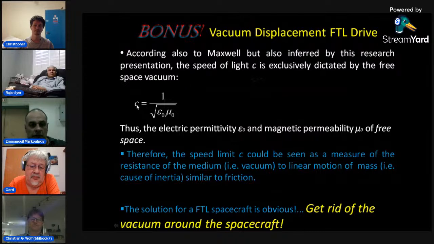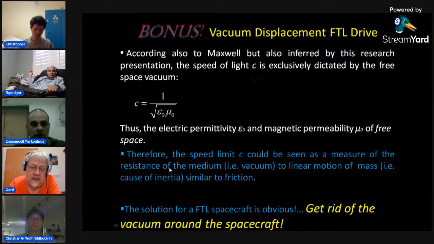It depends on two parameters: electric permittivity ε0 and magnetic permeability μ0 of free space, the vacuum.